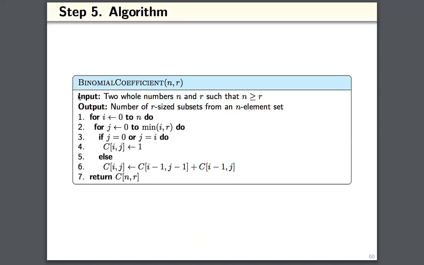Next, so here is the pseudocode. So take this as homework. Why do we have min of i comma r here, and why don't we have just i? Okay, so take this as homework. I don't want to go over all these details, but yeah, so this is the base case, right?